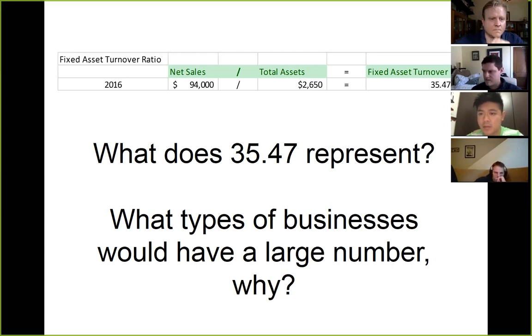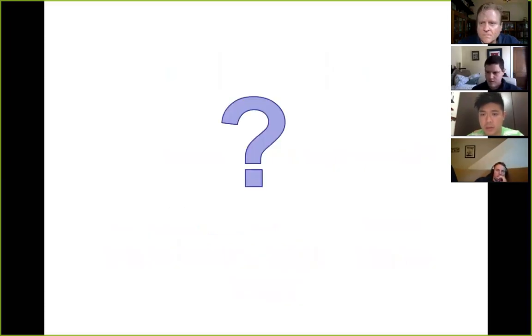Any services, right? So those are the ones where you're going to see very large numbers when looking at the fixed asset turnover ratio. All right. Any questions?